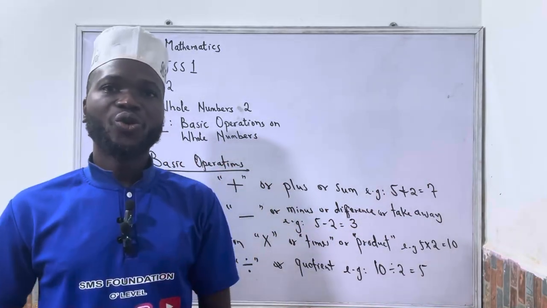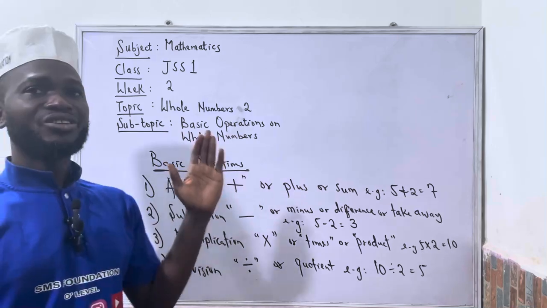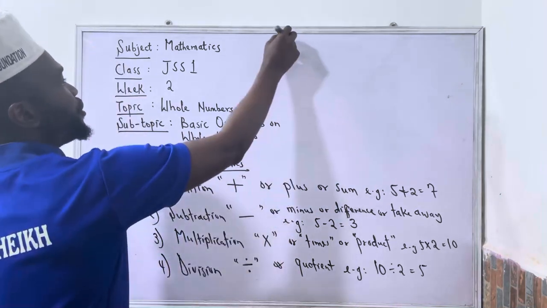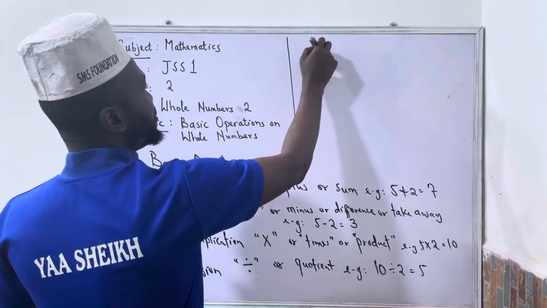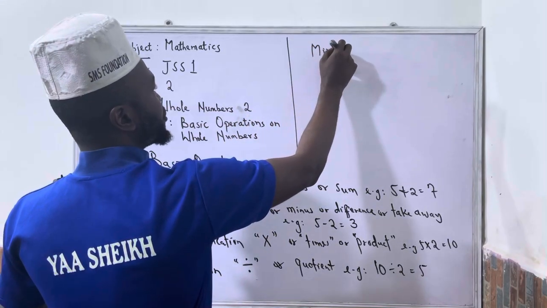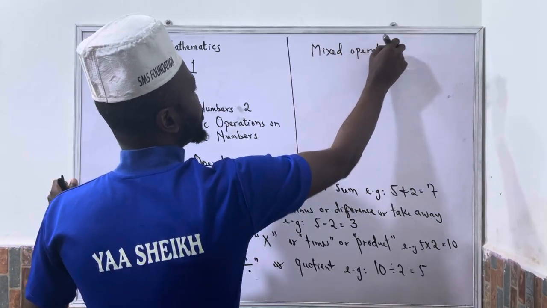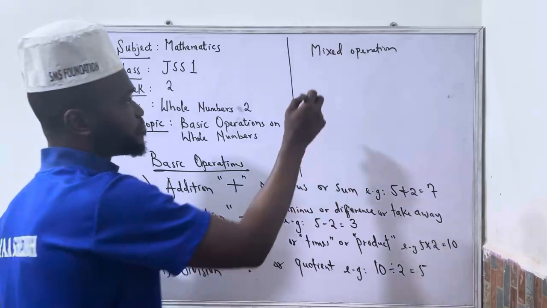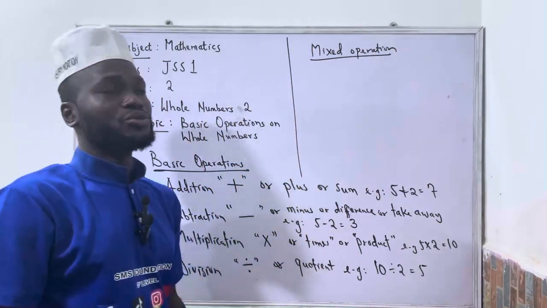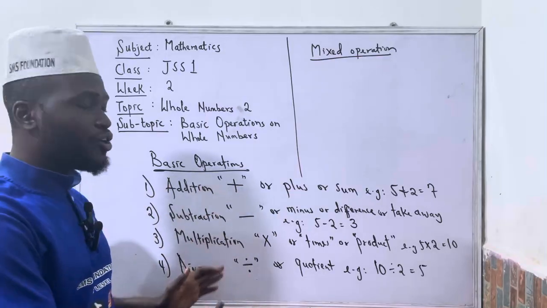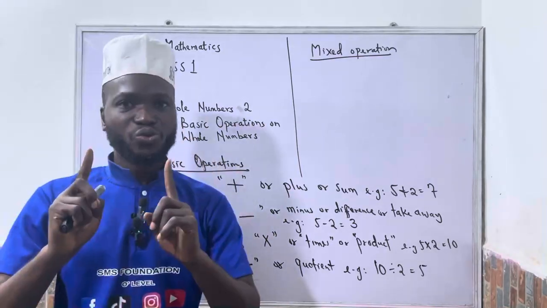However, as you go higher in this topic, you will still need to learn about mixed operations. I'm going to treat this in special videos too. Mixed operation occurs when you have 2 or more of these in a single question.